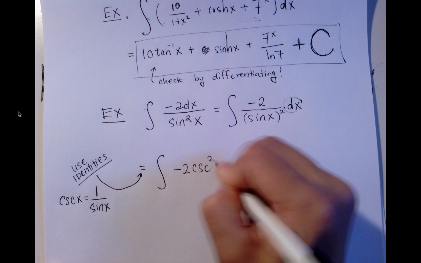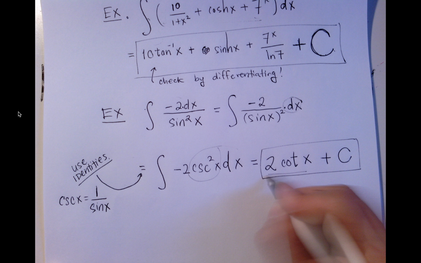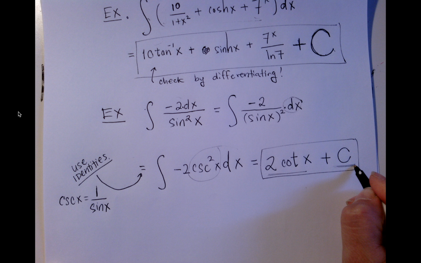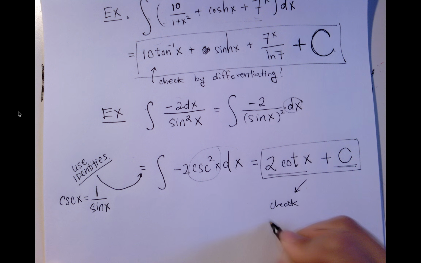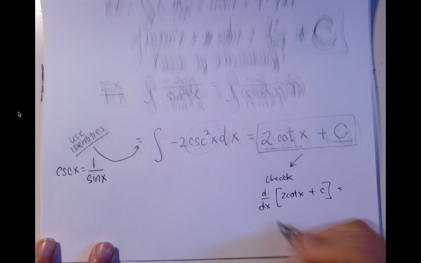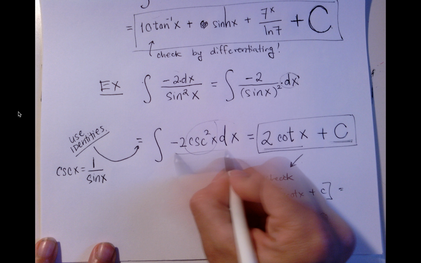But again, I don't want to forget my constant c. So here's my antiderivative, and when I add the constant c, I get the most general antiderivative. And we can check this, right? We just take the derivative of 2 cotangent x plus c, and I get -2 cosecant squared x plus 0, which was my original integrand.